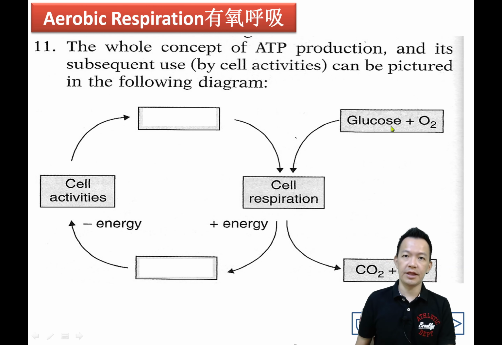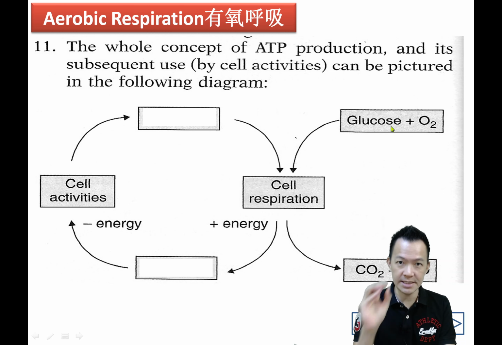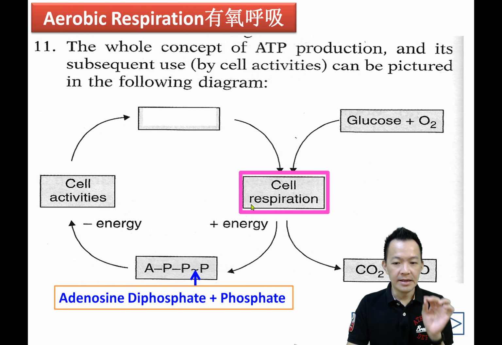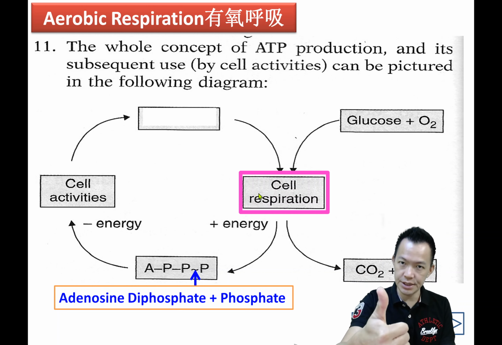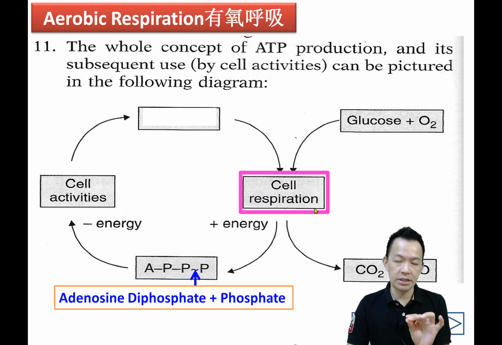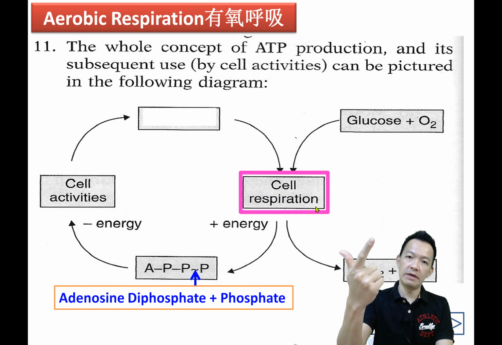Temporarily you don't have this, so don't panic. This is very important. During cellular respiration, or aerobic respiration, after the two processes are completed, the glycolysis and also the oxidation of pyruvate, what is going to be produced? You are going to produce carbon dioxide plus water plus energy.